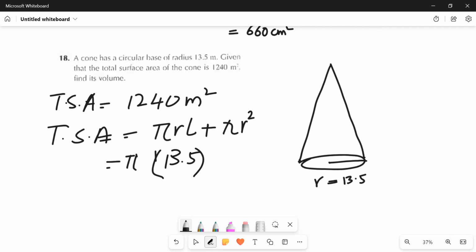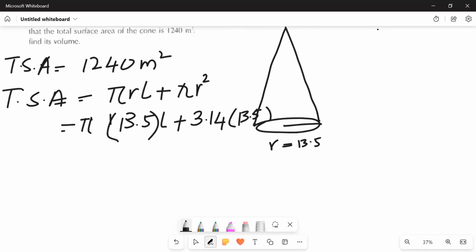And this one is 3.14, r is 13.5. So I am putting all these values here. I am also putting the pi value, that is 3.14.